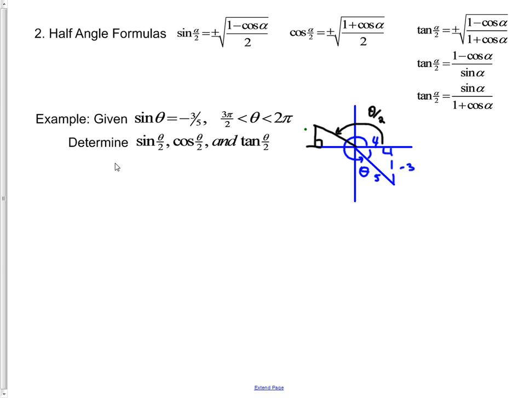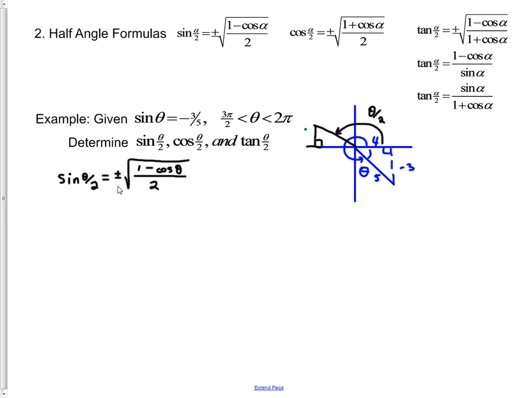So what would we do? Well, sine of theta is equal to negative 3/5, so let's use the formula for the sine of theta over 2. We're told that the sine of theta over 2 is equal to plus or minus the square root of 1 minus the cosine of the angle theta divided by 2.